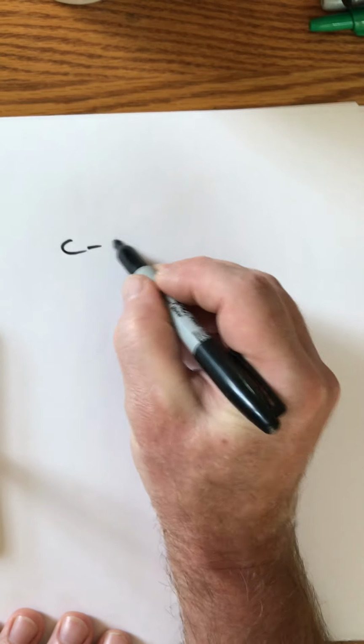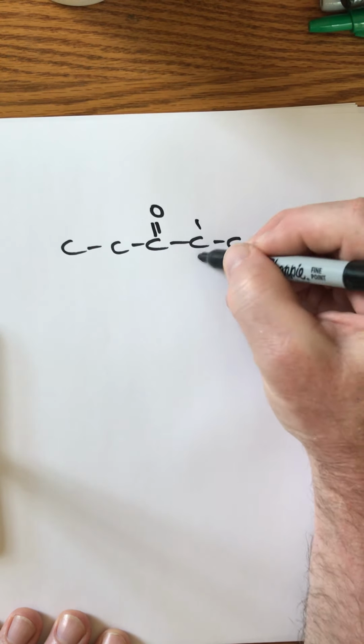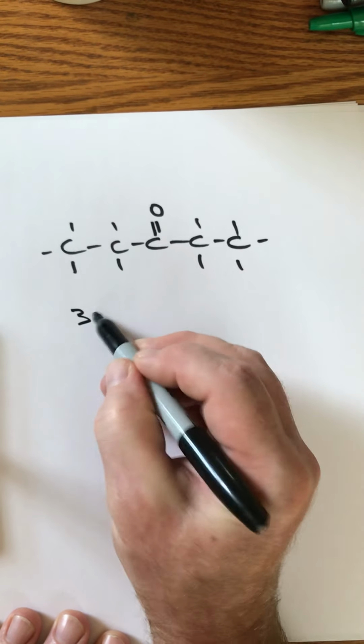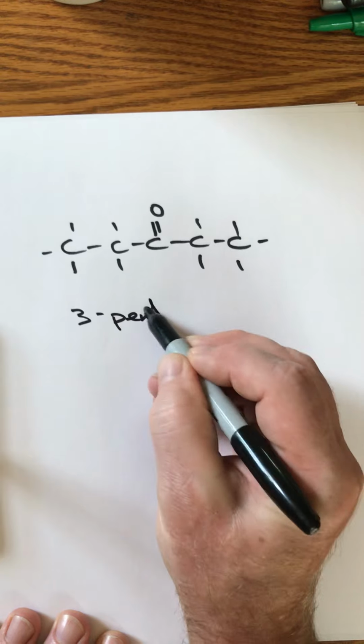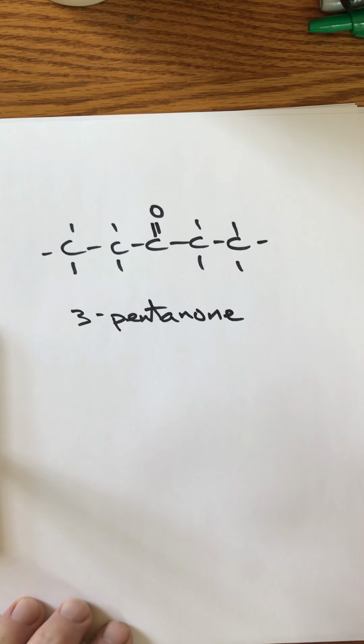which is an isomer of 3-pentanone. So after you hit 5 carbons, you're gonna need a number.